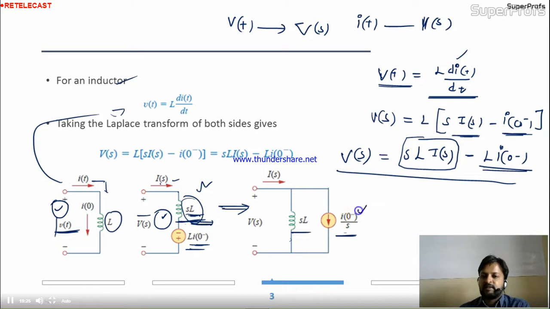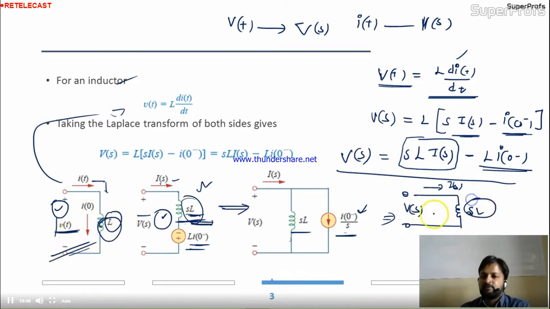This is the initial current. If the initial current is 0, the circuit simply becomes sL, I(s), and here V(s). This is where L is converted into sL. So please remember, for R, the time domain is R and the Laplace domain is R. For L, the Laplace domain is sL. Here you can see this, right?